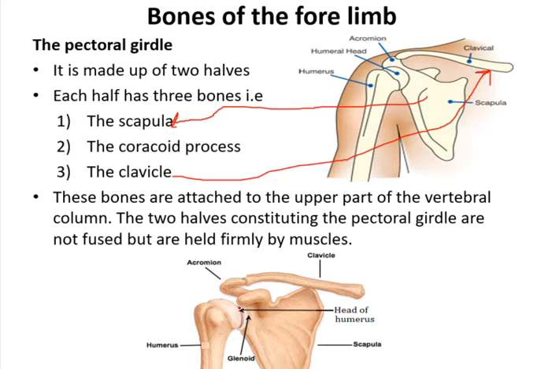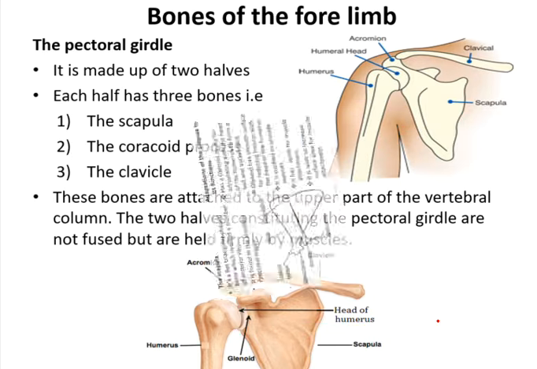We can also see it here. We have the head of the humerus, then we have the glenoid cavity here on the scapula, which enables formation of the ball and socket joint.